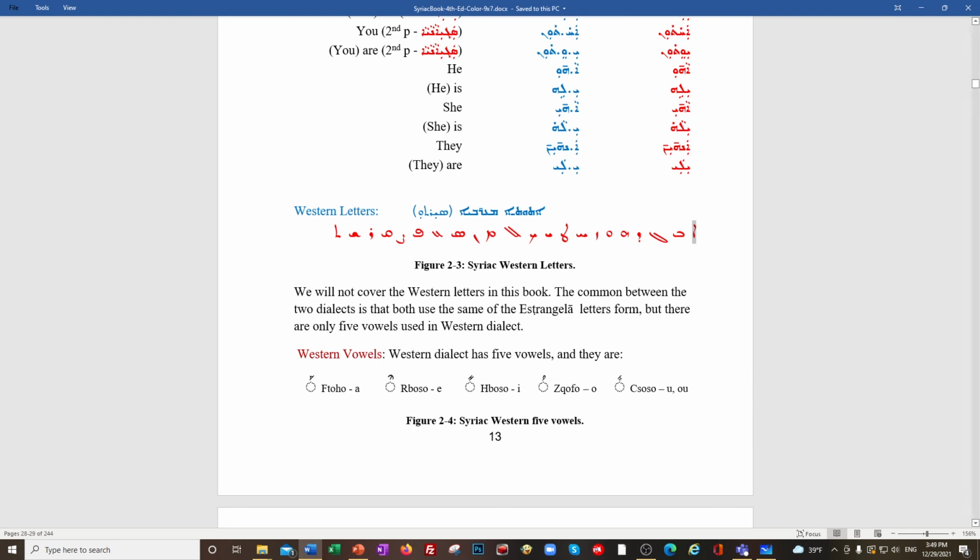One draw of the pencil or line, you can make that one. When I show you in the next video how we write the Eastern dialect, you will see there is more than one step to write it. However, if you learn the hard way, you can learn the easy way as well.